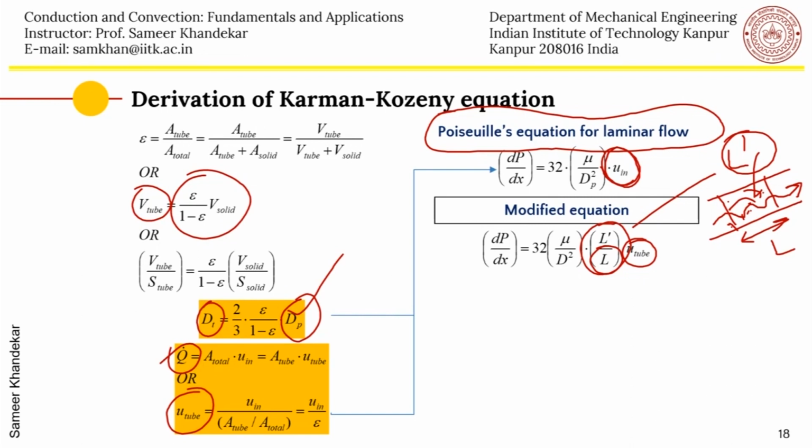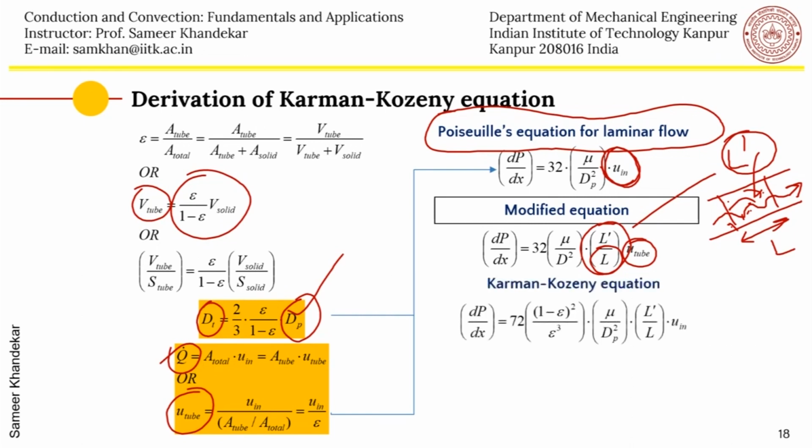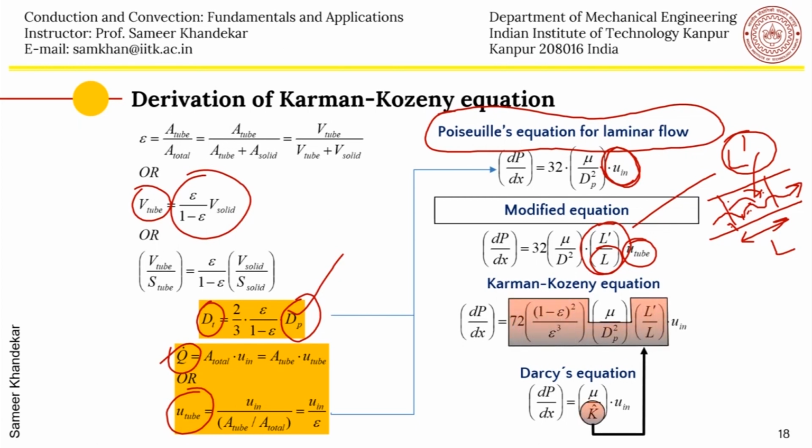Since L dash upon L is not known, and dp square is also not usually uniform, because it is not a single morphology and there are different particle sizes, this equation is mathematical. By comparing the flow in an equivalent tube model to the flow in the actual porous media and applying Darcy's law, you will see that this highlighted portion is a representation of the permeability if you compare this equation with Darcy's equation.